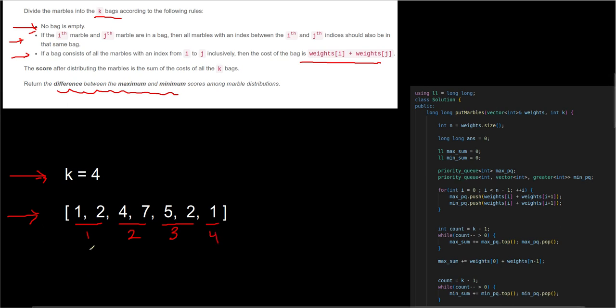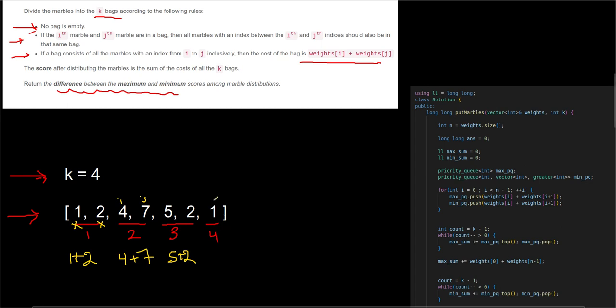The cost for the first bag is weights[i] plus weights[j]. i and j are the edges of the segment, so here weights[i] is 1 plus weights[j] is 2. Here this is i, this is j, so 4 plus 7. For this one, 5 plus 2.